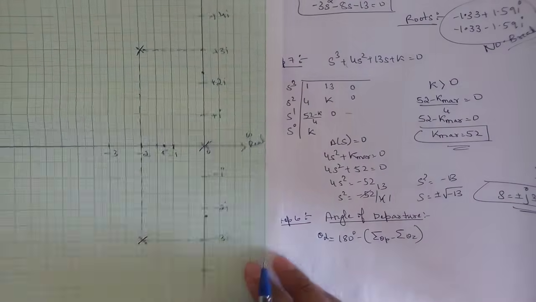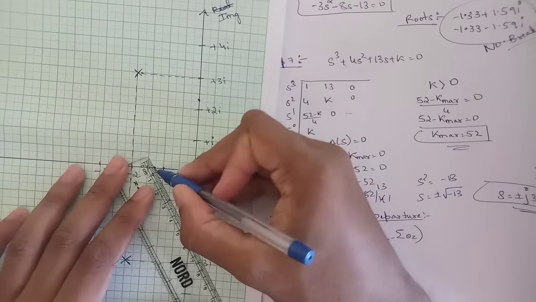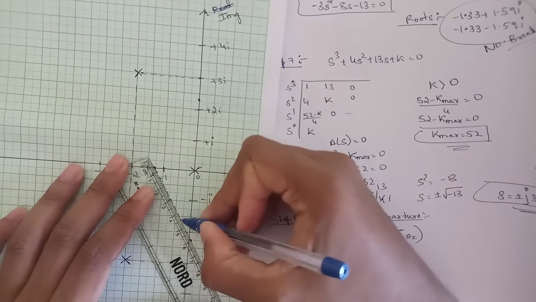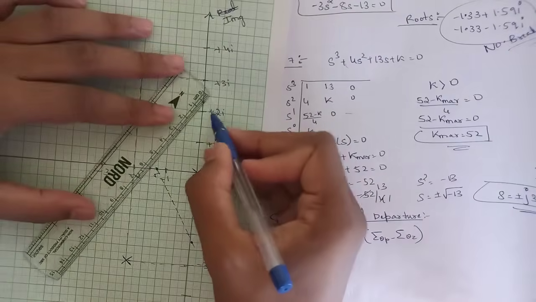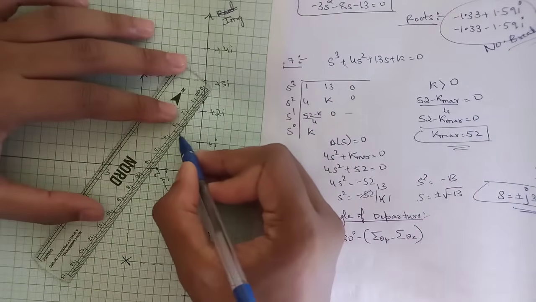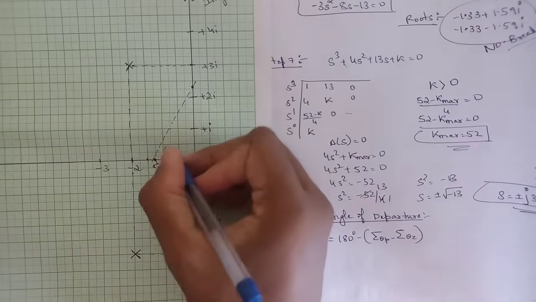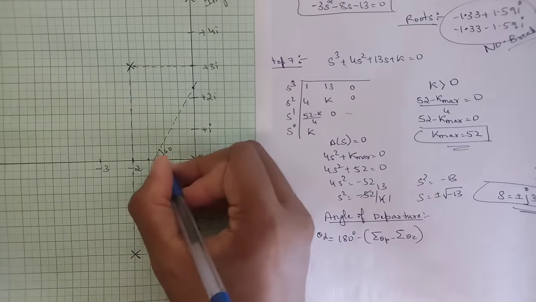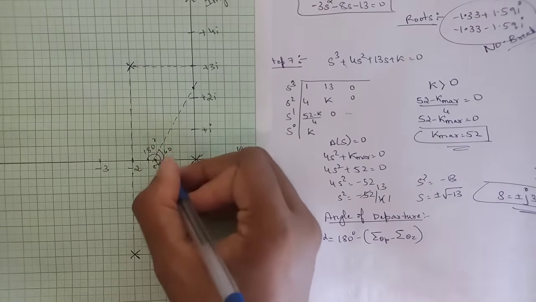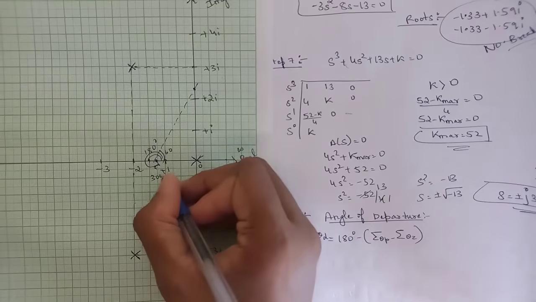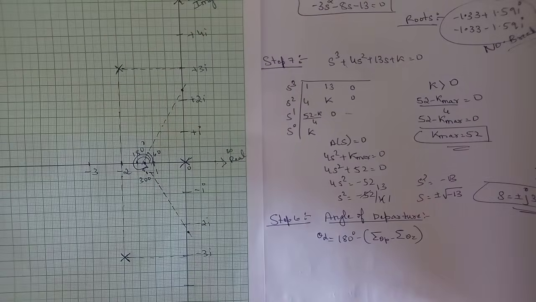After that, join those angles of asymptotes. So here one angle and here one angle. Okay, so this is 60, this is 180, and this whole thing is 300 degree. So these are the three angles.